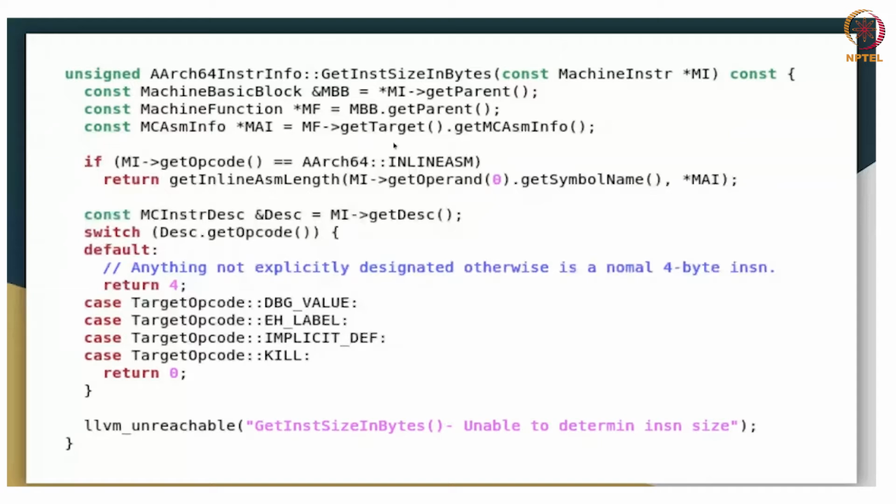It asks for the machine basic block and machine function, which I briefly mentioned in the first part of the lecture, where you had code to iterate over all the instructions in the function, and also code to iterate over all the functions in the machine function. So function corresponds to LLVM IR, and machine function corresponds to LLVM MIR, machine intermediate code.